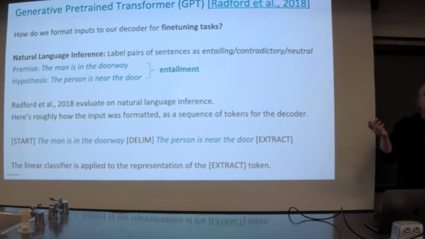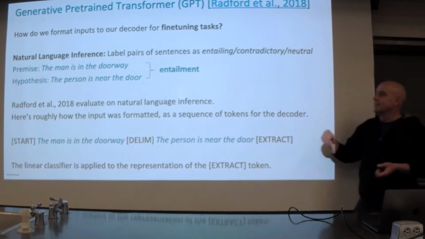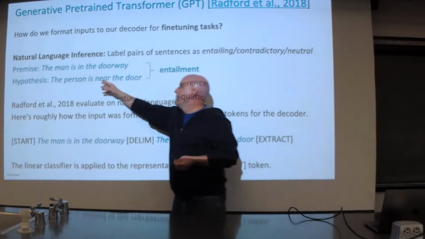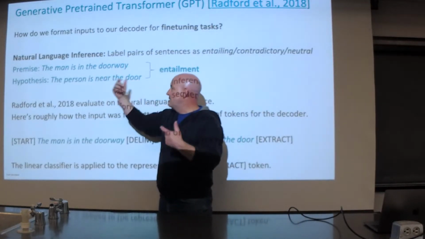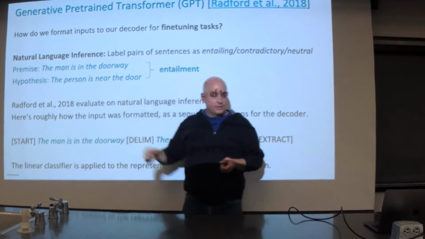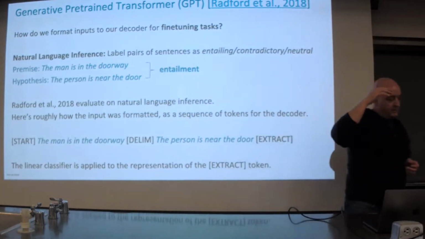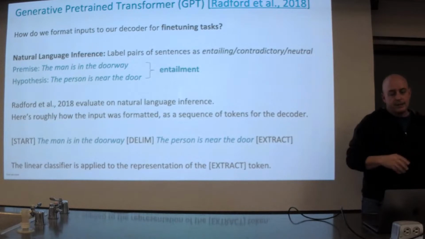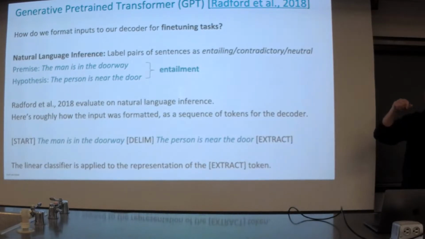If you can do it really well, it feels like you've learned to reason about the contents of a sentence, and to think about how people and doorways relate to each other, and how this particular relationship might entail or contradict this one right here. There are a bunch of these natural language inference tasks in GLUE and other benchmarks.